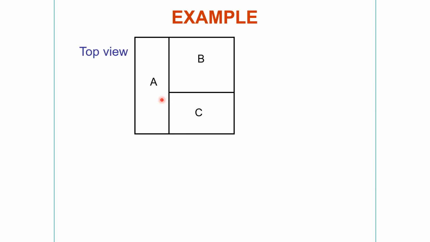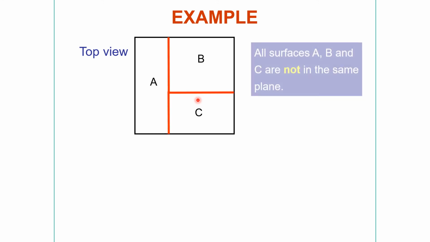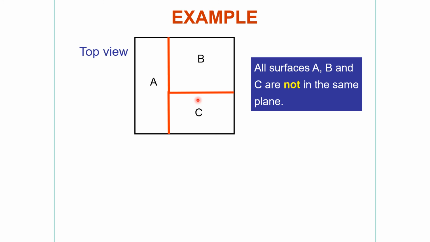Example A, B, C. It means there is a line present. So it means there is some surface difference or there are cuts. So all surfaces A, B, C are not in the same plane. That is the meaning of this line. Some possible objects.